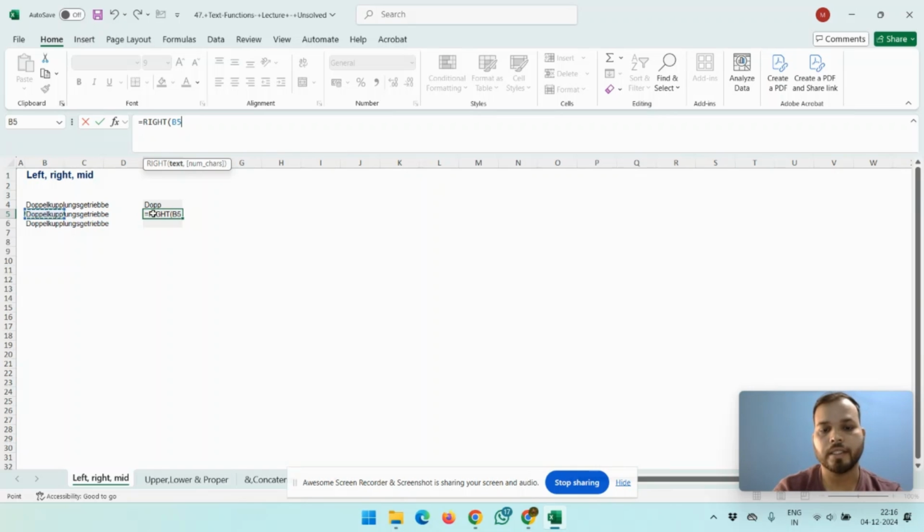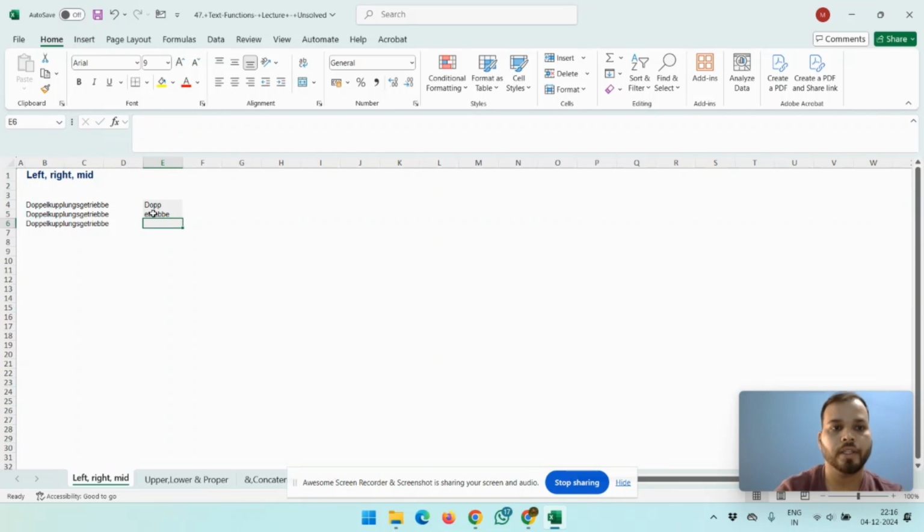I select the text, and it asks how many characters I want. Let's assume I want only 8 characters from the right side. I enter 8. So 8 is starting from the E: E, B, B, E, I, R, T, E. From E to E, it's 8 characters.